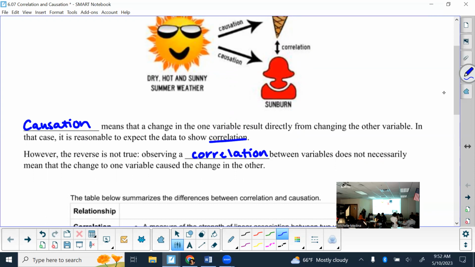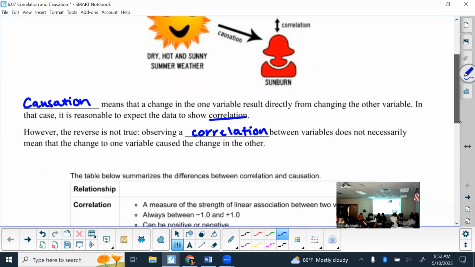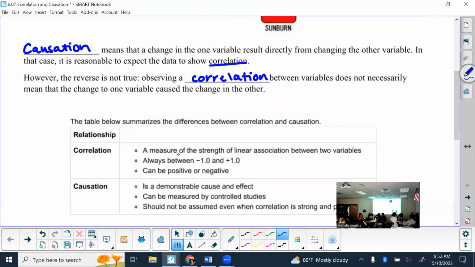Sometimes it's just correlation, or sometimes neither. So here's another little table to summarize that. Correlation is how linear something is, measured between -1 and +1. So -1, by the way, is what type of correlation? Strong or weak?